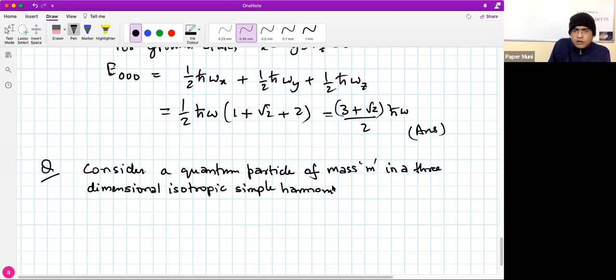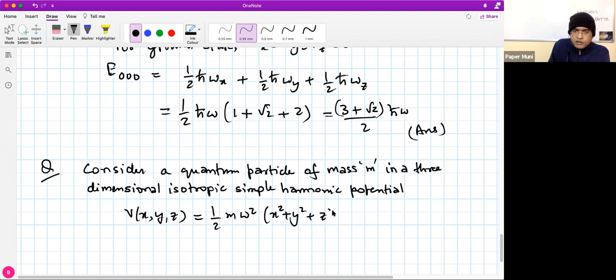Now they have mentioned that it is an isotropic potential. If it's not mentioned, then you can figure it out from the potential expression itself. So this is given to you as V of x, y, z is equal to half m omega square times x square plus y square plus z square.